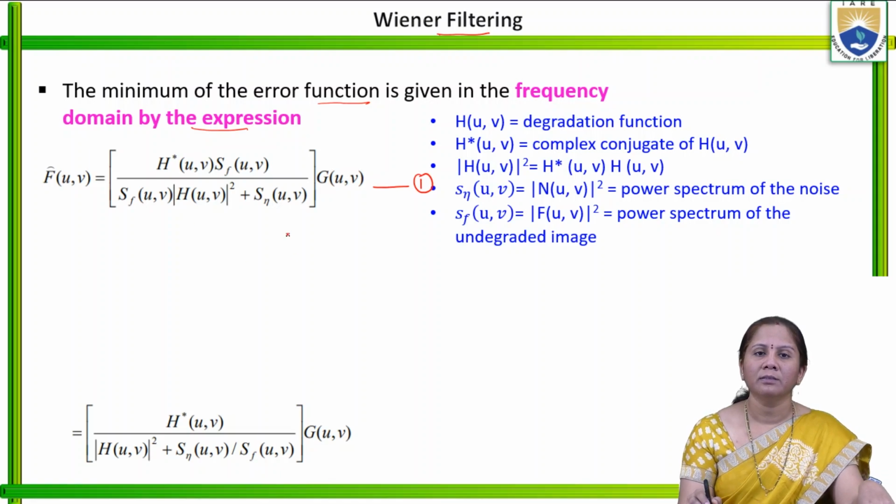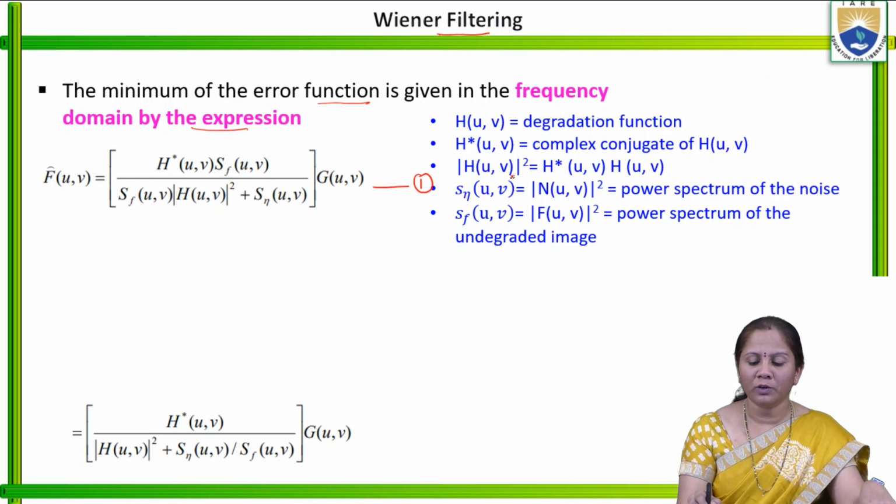In this formula, we can observe different terms. h of u comma v is called the degradation function, and h star of u comma v is the complex conjugate of h of u comma v. Mod h of u comma v whole square can also be written as h star of u comma v into h of u comma v. S eta of u comma v can be considered as mod N of u comma v whole square, which is the power spectrum of the noise.